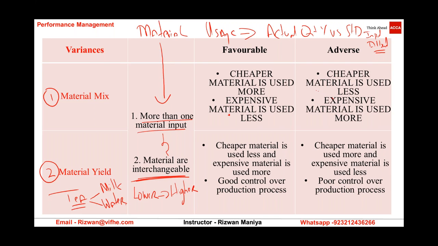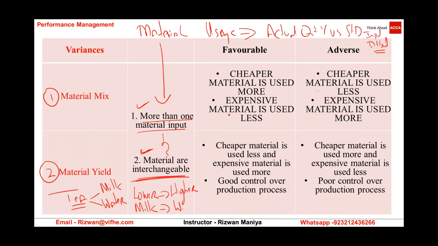The answer is yes. So the first condition is satisfied. Second, are they interchangeable? The answer is yes, because, for example, if in producing 1 cup of tea you are using less milk, then to compensate for that, you will use more water.